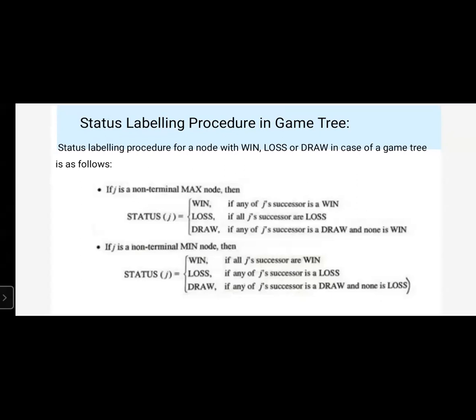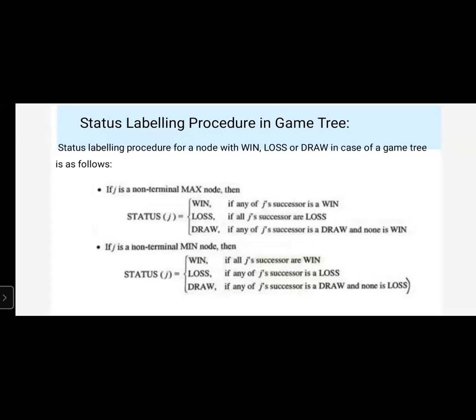Or else, if all the J successors are lost, then it will be loss. Next, draw means if any of the J successors is a draw and none is win. That means nobody is winning, but any of the J successors is a draw, then the game will draw.